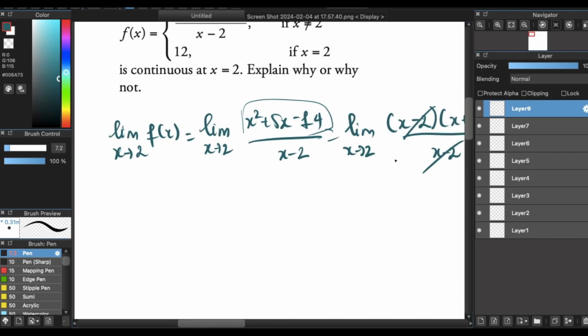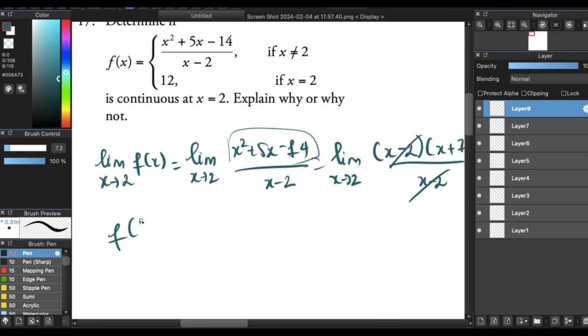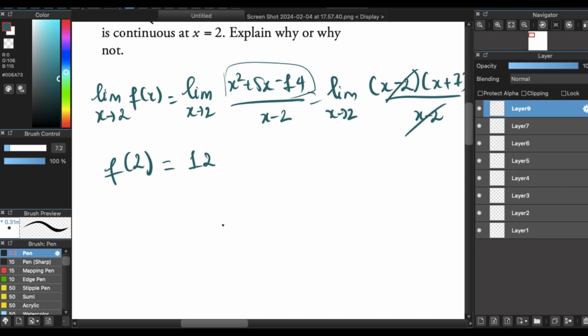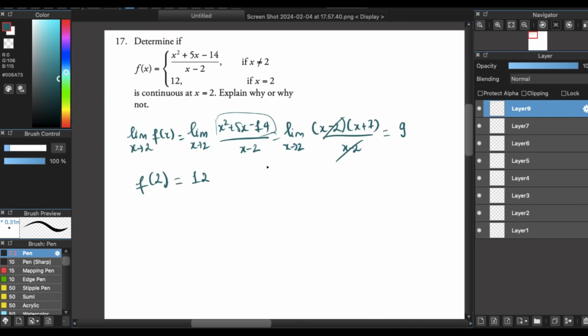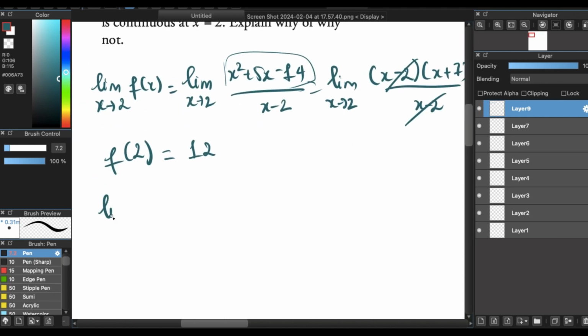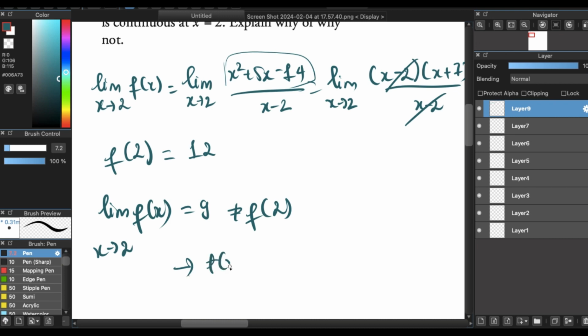Okay, and f(2) is actually 12. Because 9 is not equal to 12, the limit of f(x) as x approaches 2 is 9, which is not equal to f(2), so the function f(x) is not continuous at x equals 2.